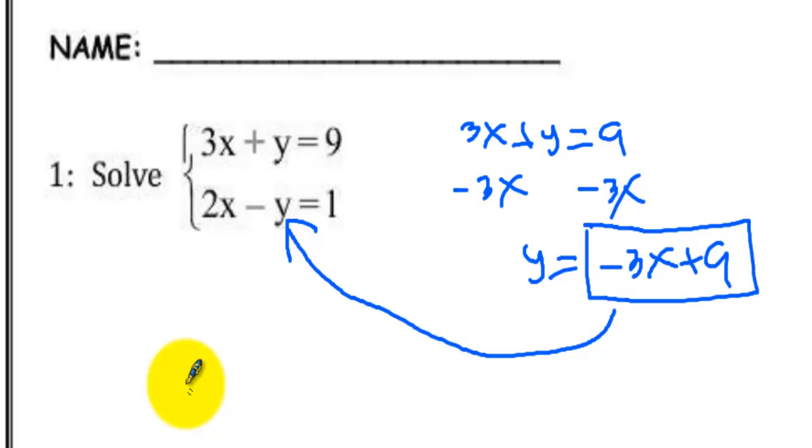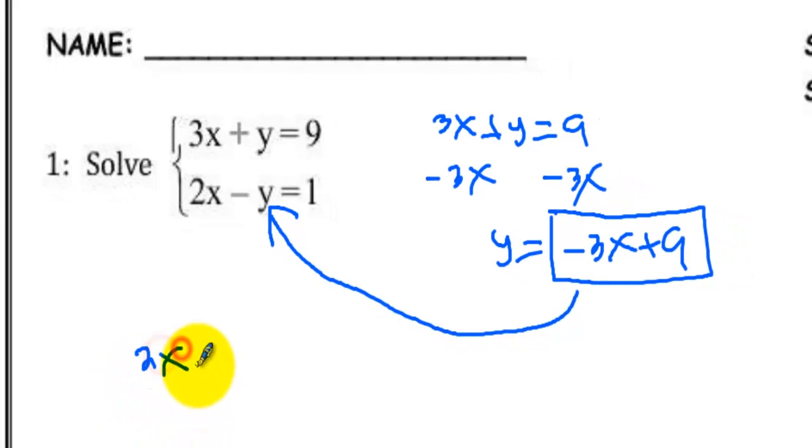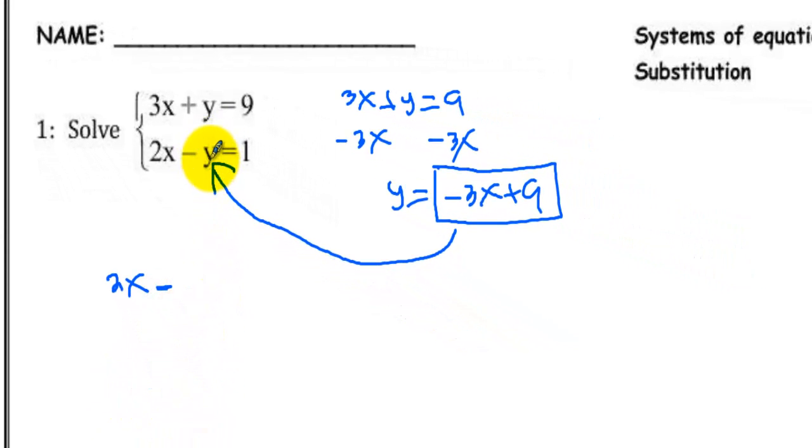Alright, so we will have now 2x minus, now remember, the entire y is being multiplied by negative 1. So I am going to put a parenthesis here. So I will have here negative 3x plus 9. Remember, that's the y value from our first equation, equals 1. So you will have 2x.